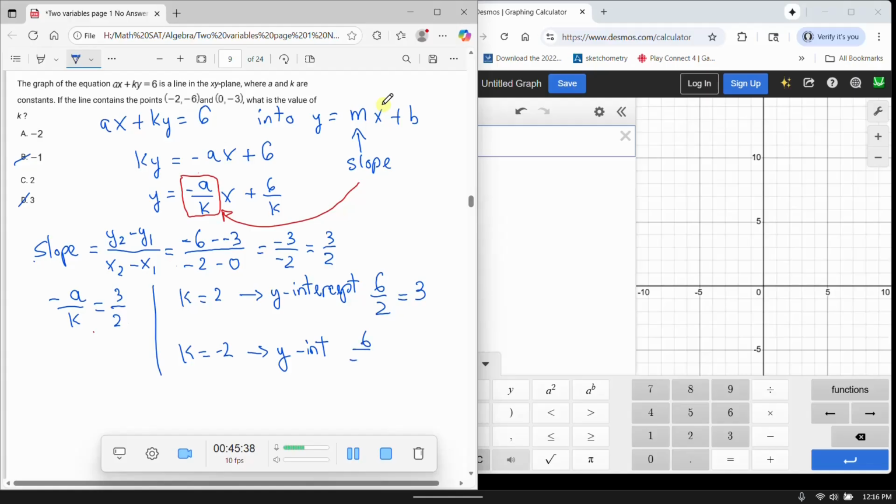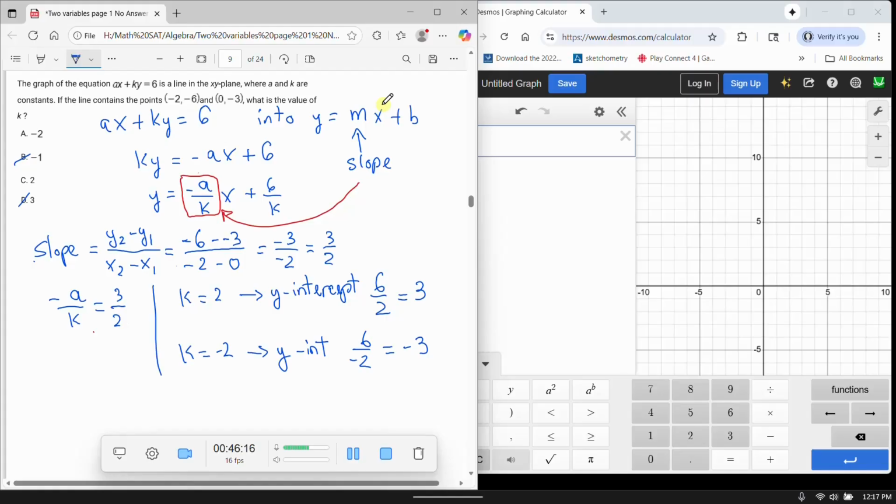6 divided by -2 is -3. So the y-intercept needs to be equal to -3, because as we can see, when we have the given point (0, -3), this (0, -3) needs to be one of the points.